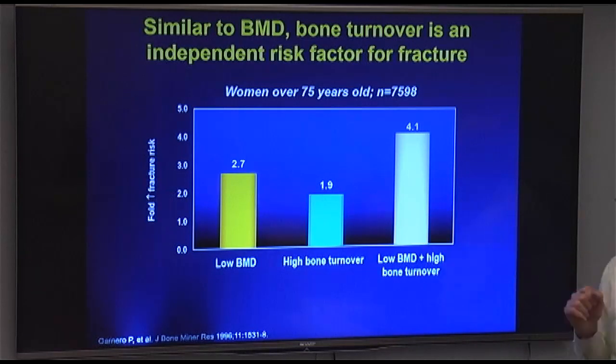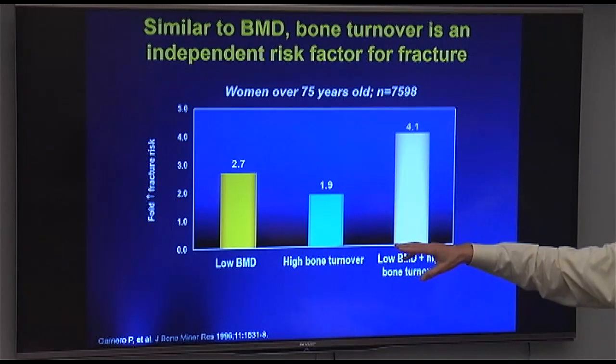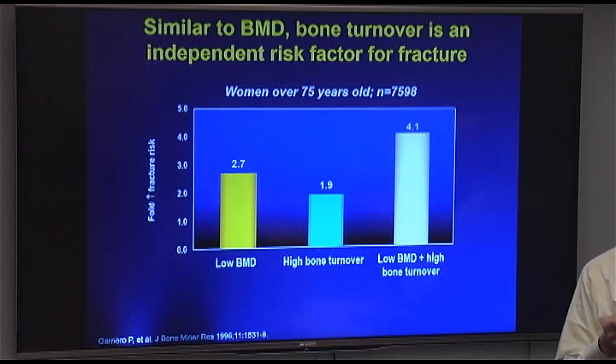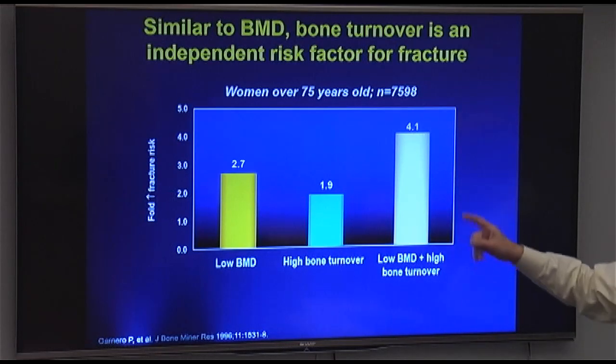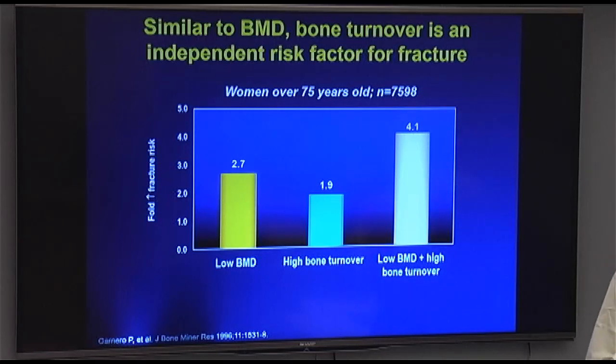Low bone density, we know, is also an independent predictor of fracture risk. And together, somebody who has low bone density and high bone turnover is at additional risk of fracture. Bone turnover then adds to our concerns, if it's high, in patients who have low bone density.